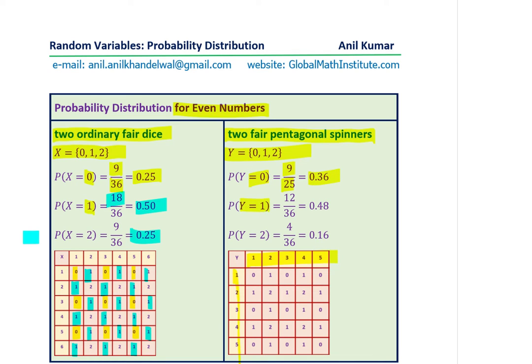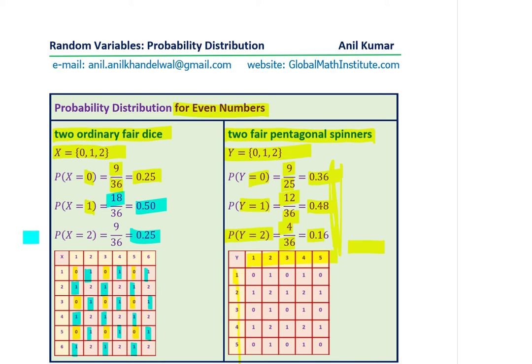For y equals 1, the probability for one even number when you spin two pentagonal spinners is 12 over 25, which is 0.48, and the probability for y equals 2 is 4 over 25, 0.16, right? Well, of course, when you add up all the three, you will get 1.